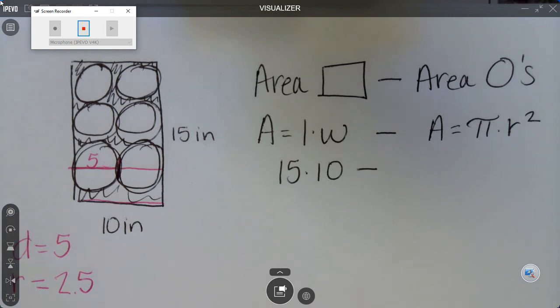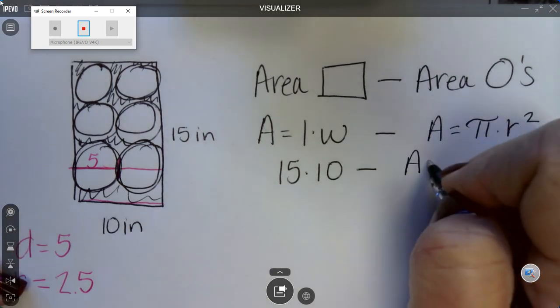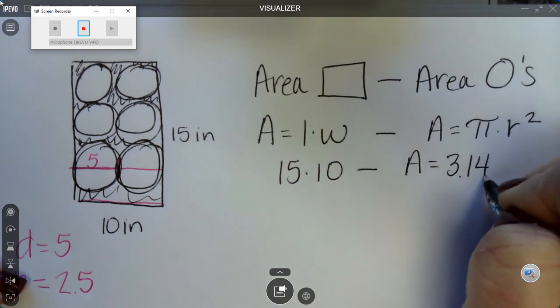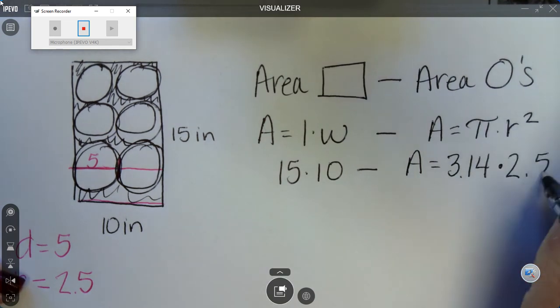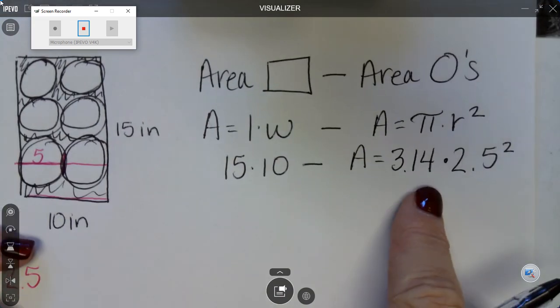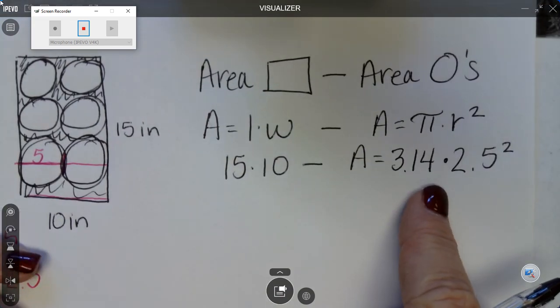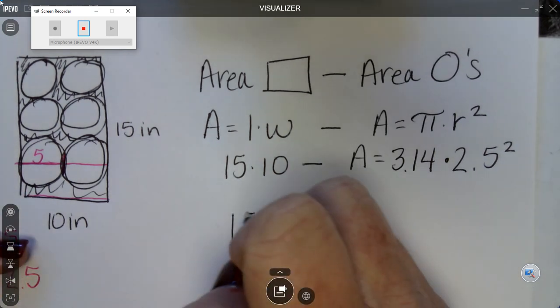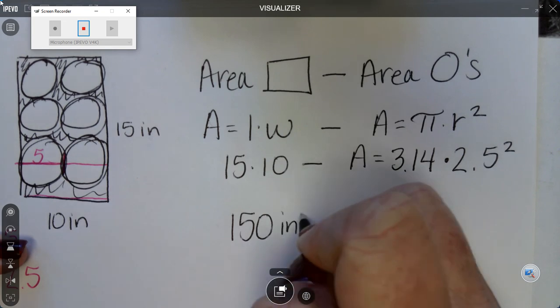Yes. So, area equals 3.14 times 2.5 squared. Remember, this is only for one circle. We have to get all 6 here in a minute. So, area of my rectangle is 150 inches squared. Okay?